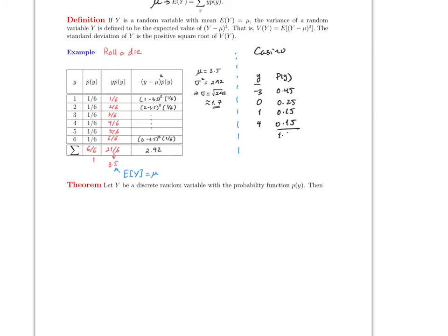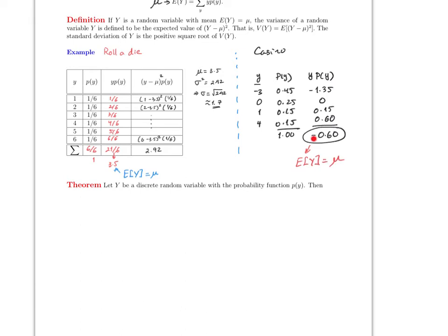Remember that this has to add to 1. Then to find the expected value, you need the next column where you multiply the values for y with the corresponding probability. So this is minus 1.35, this is 0, this is 0.15, this is 0.60, and when you add everything, you get negative 0.60.